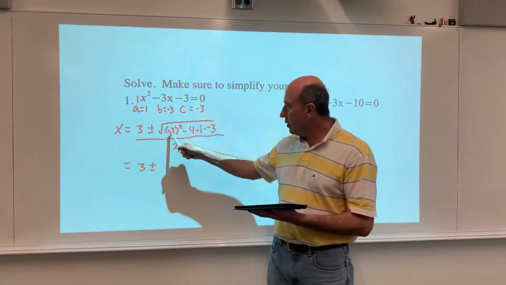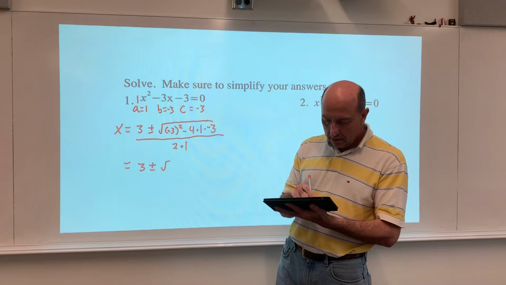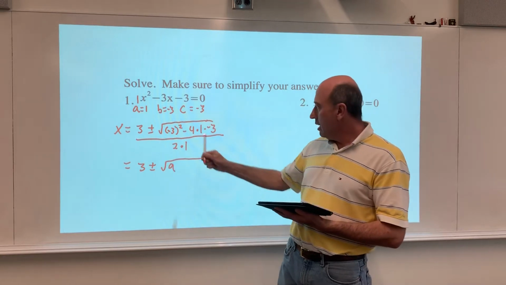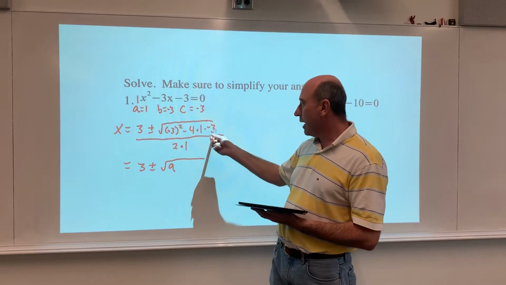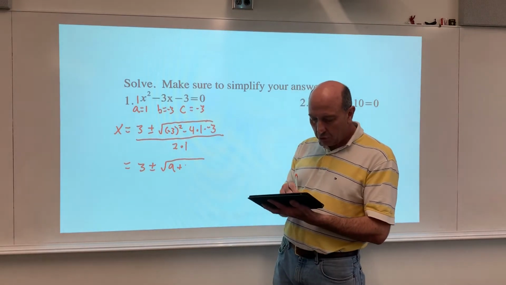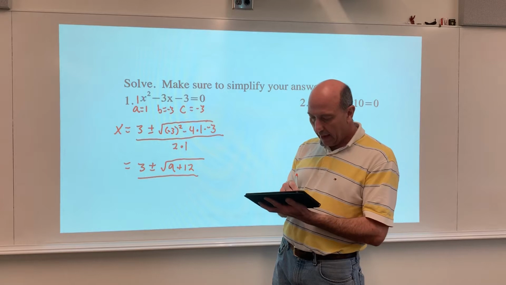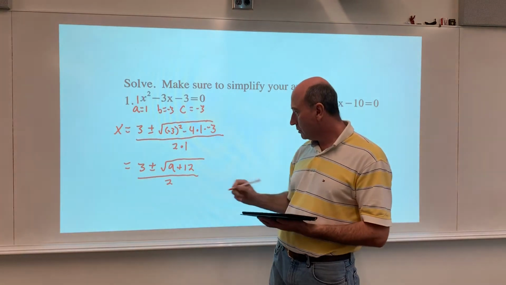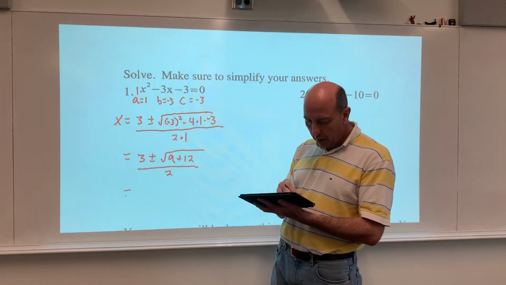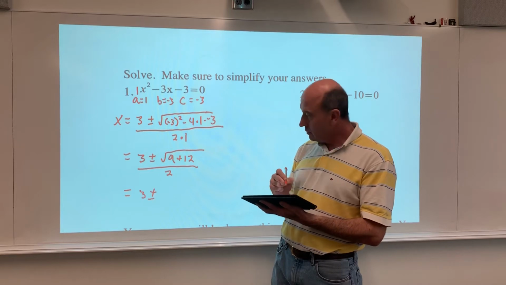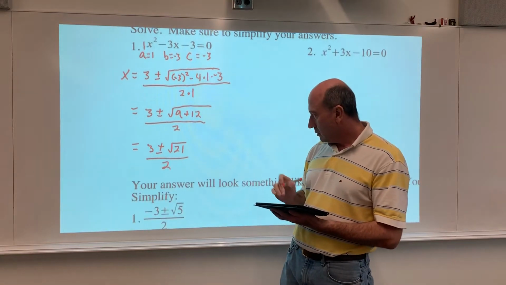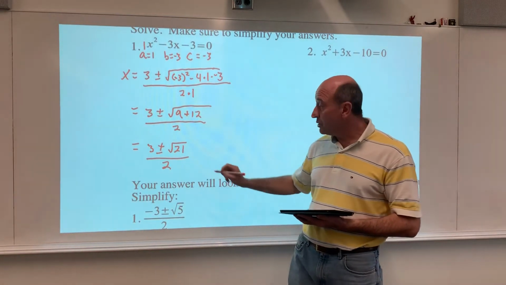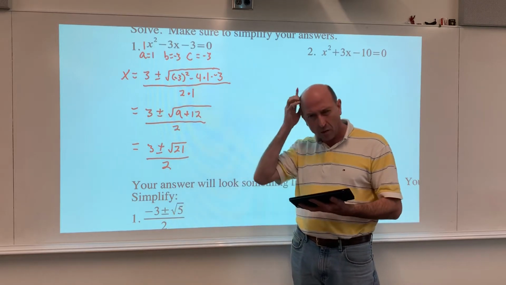So negative 3 squared is 9. Negative 4 times 1 is negative 4. Negative 4 times negative 3 is positive 12. And 2 times 1 is 2. 9 plus 12 is 21. And we can simplify 21. Wait, or can we?